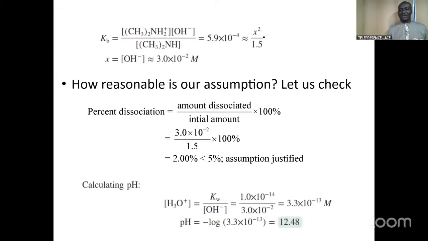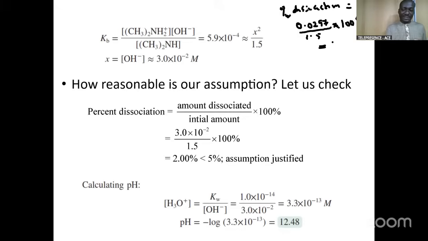Okay, so let's see what the percent dissociation is. So we can write percent dissociation will be equals to the amount that has dissociated, which we found to be 0.0297, over the initial amount 1.5, times 100%. And in that wise, our value is about 2%.